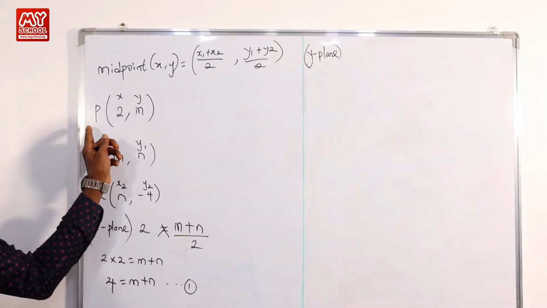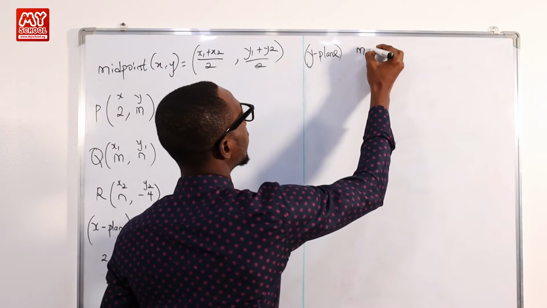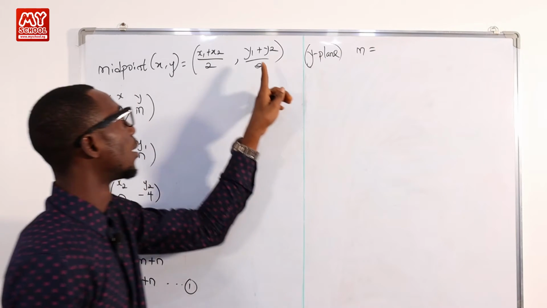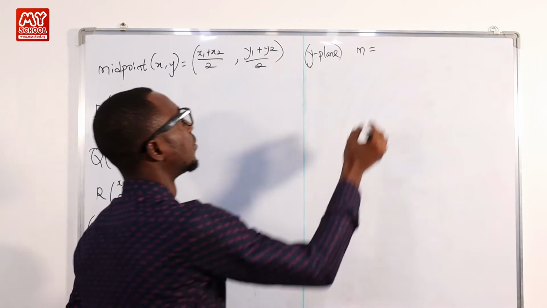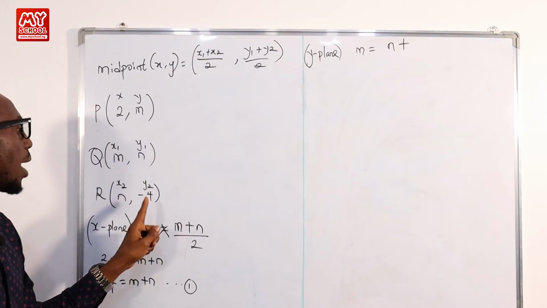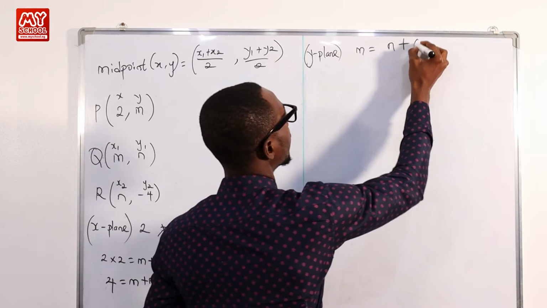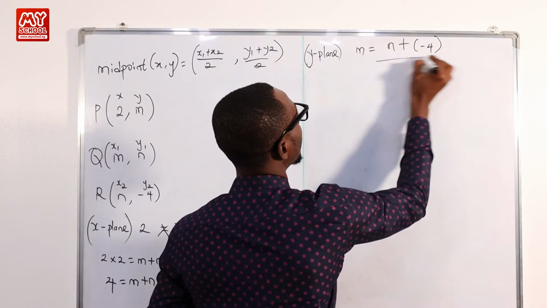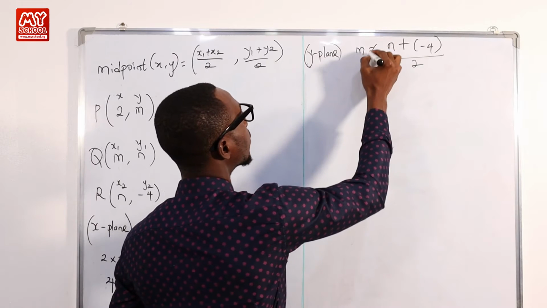The midpoint of value m equals y1 with value n plus y2 with value minus 4, divided by 2. We cross multiply.